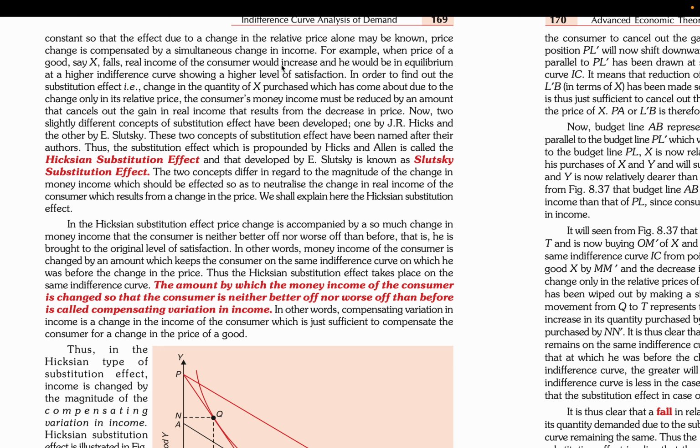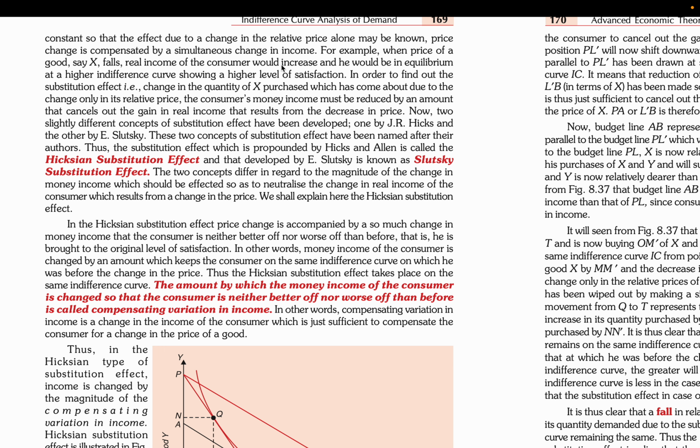In order to find out the substitution effect, that is the change in the quantity of X purchased which has come about due to change only in the relative price, the consumer's money income must be reduced by an amount that cancels out the gains in real income that result from the decrease in price.